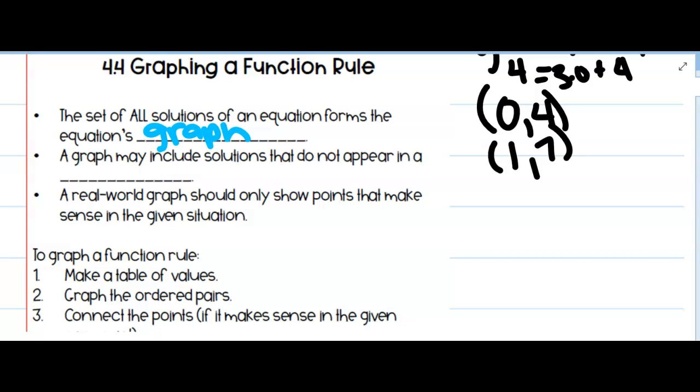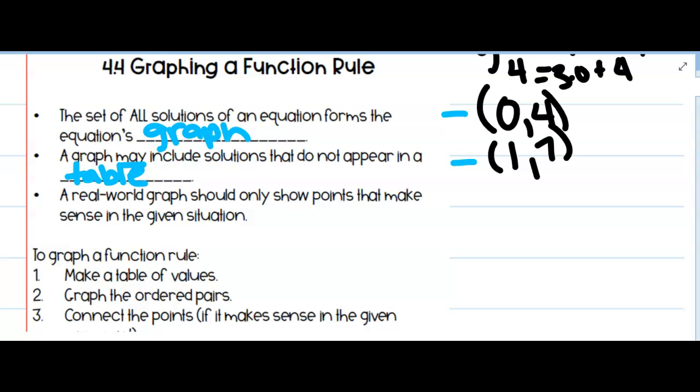But like I said, although I found the answers for when x is 0 and when x is 1, there's actually a ton of solutions in between those two numbers, but we're not going to find them. So keep in mind that a graph may include solutions that do not appear in a table. So we're not going to find all of them, we're just going to find a few of them.